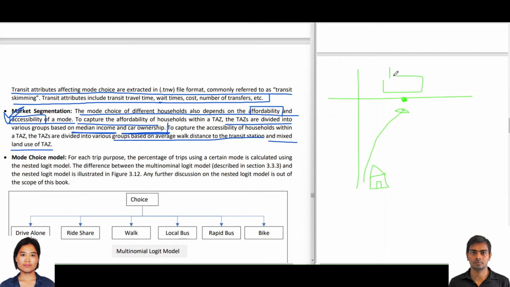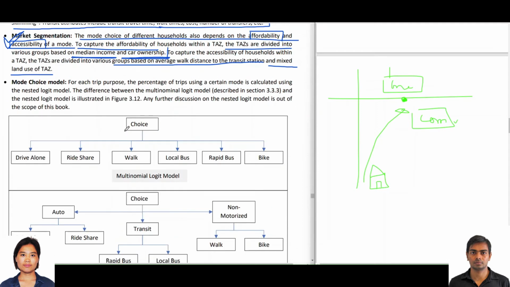So let's say there is a grocery shop and there are some other commercial areas, then the person can go to the transit station and do certain other things. So it attracts the transit station more. That's the importance of mixed land use development near the transit stations. So that's how we segment the market.